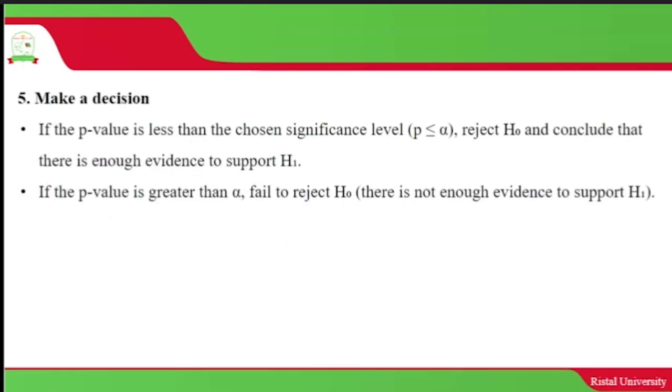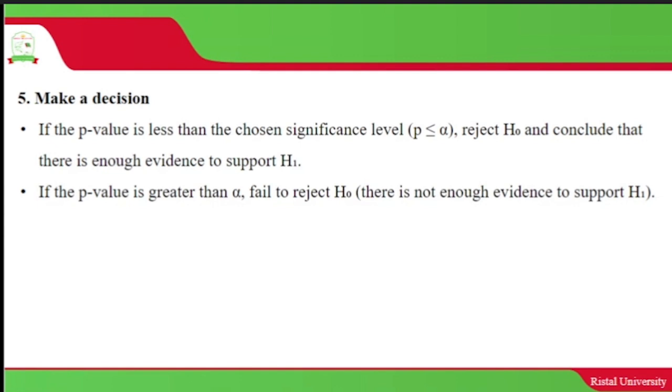And then after calculating the test statistic and the p-value, we make a decision. If the p-value is less than the selected significance level, you reject the null and conclude that there is enough evidence to support the alternative hypothesis.